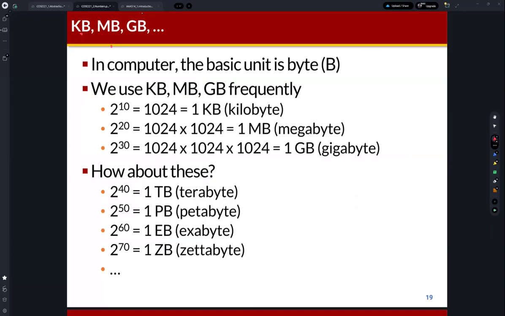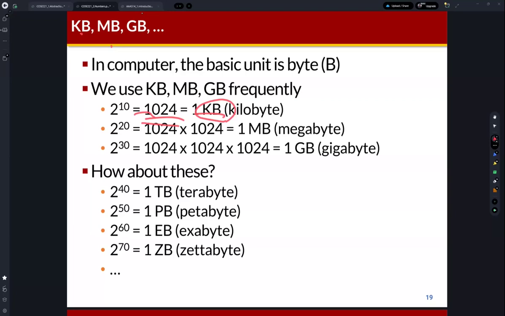It is because binary numbers are very frequently used in the computer system. So 1 kilobyte is equivalent to 1024 bytes.